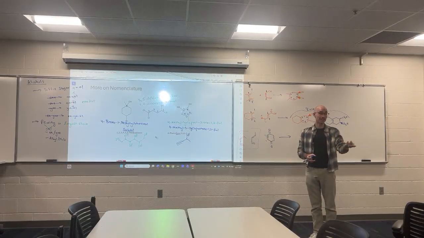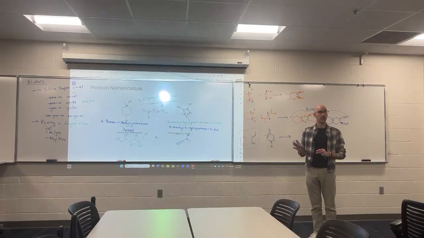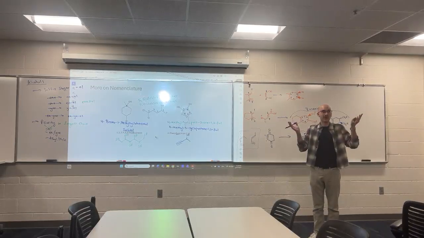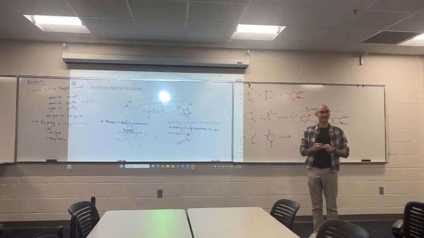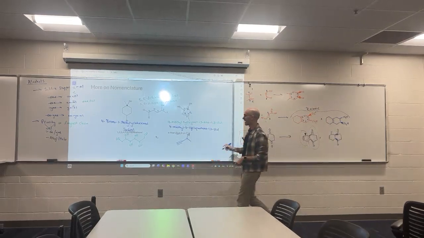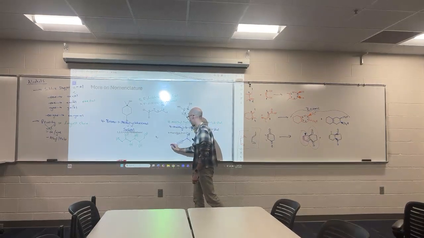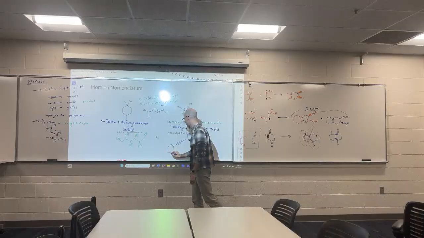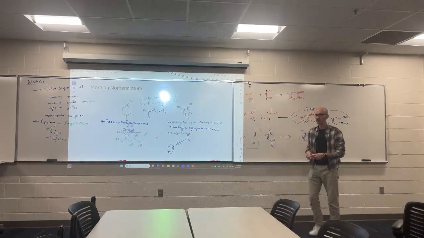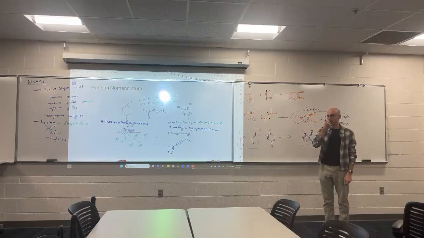We could put Ph. I'd give you points for it if you put Ph coming off of it, but phenyl is any ring. Just pick a ring. It doesn't matter. A benzene ring, the aromatic ring. There you go.